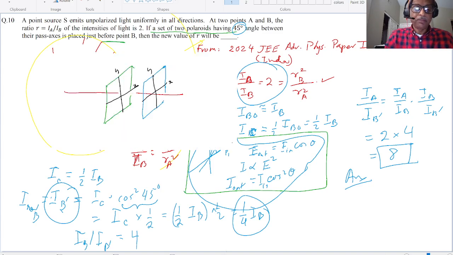When the light comes out here, it's polarized that way.